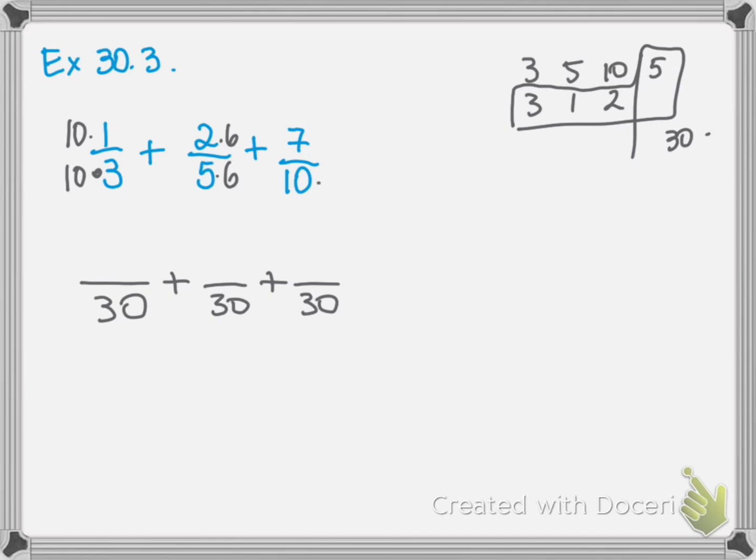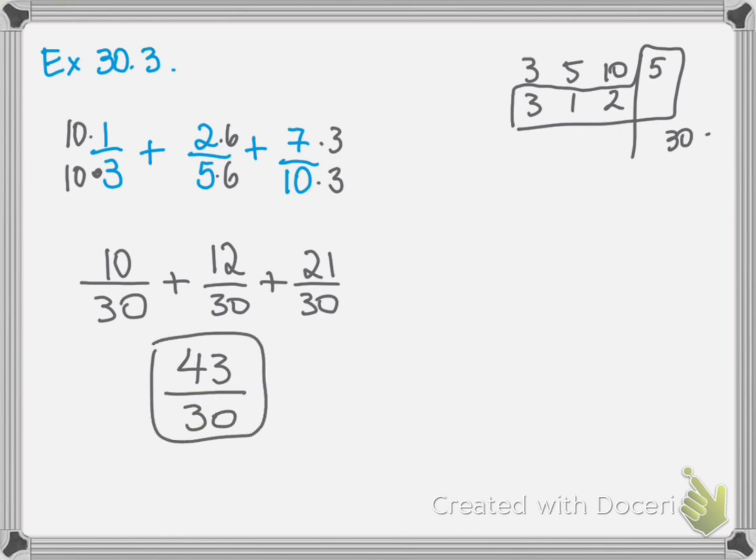And 30 divided by 10 is 3. So I multiply that. So on the top, I'm going to have 10, 12, and 21. And then when I add that, that's going to be 43/30. And if we could, we would reduce, but we can't in this case. So we just leave it like that.